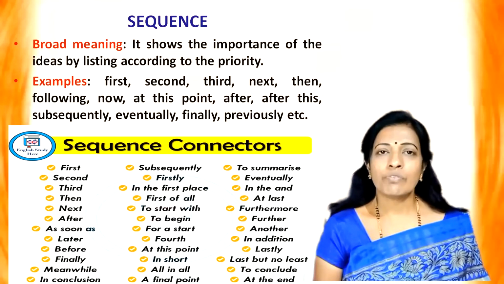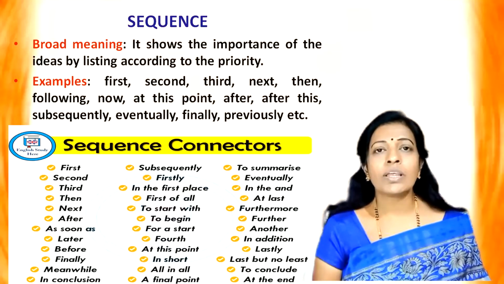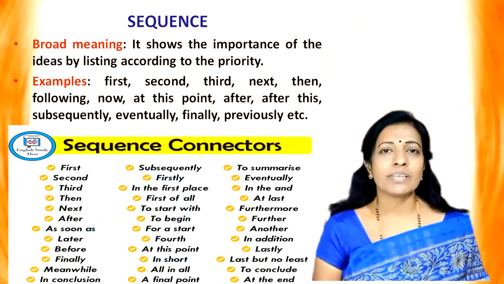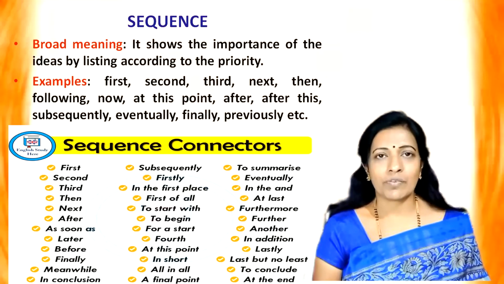That is, which action took place earlier, which took place later on, and which action is taking place at present. So, we can get a certain sense of this sequencing.